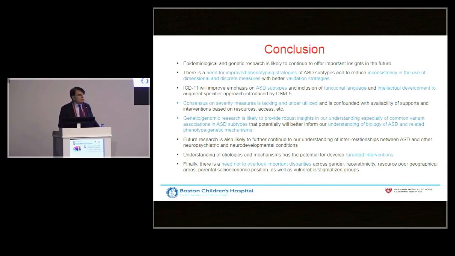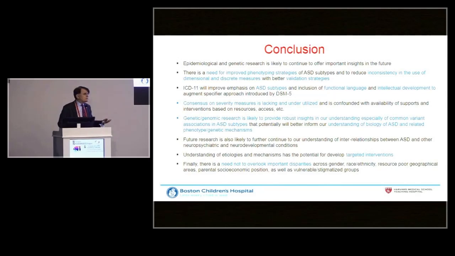The ICD-11 is going to be an important improvement, in my view, by introducing very specific coding parameters that will be very helpful to clinicians and researchers. Genetic and genomic research will provide robust insights, especially into the common variant association in ASD subtypes, which is very subtle.